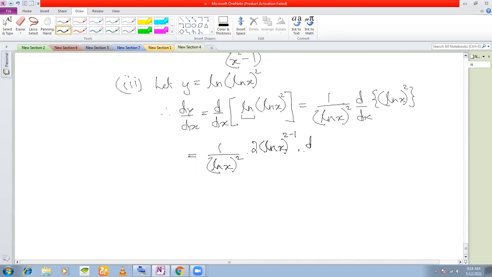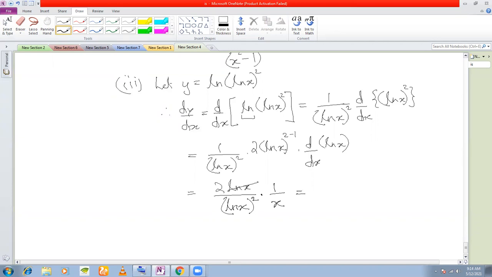And then you differentiate what is within the power, that is ln x. Right? So now you get twice ln x divided by ln x square into d/dx ln x is 1 by x.